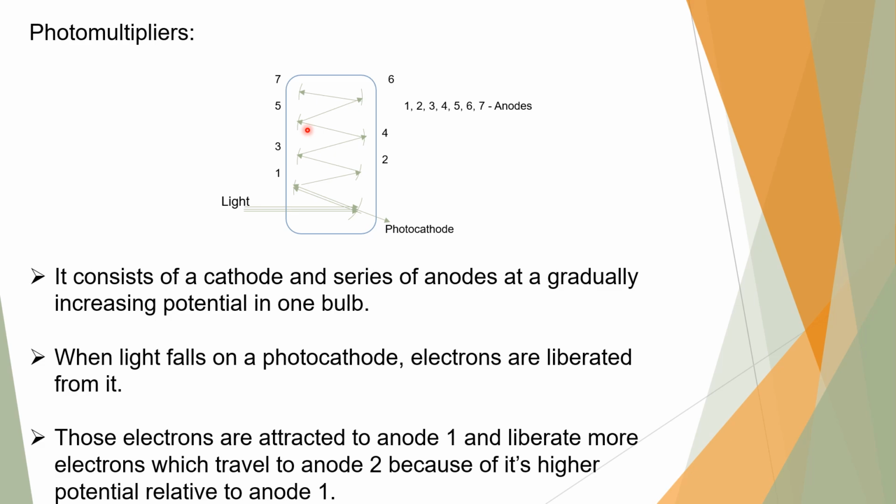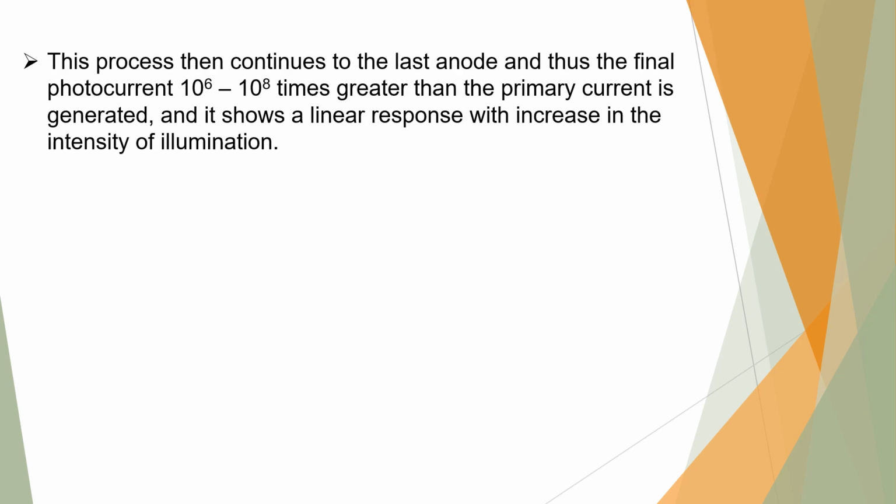This process continues until the last anode, such that a final photocurrent, which is 10 to the power of 6 to 10 to the power of 8 times greater than the primary current, is generated, which shows a linear response with increase in the intensity of light.